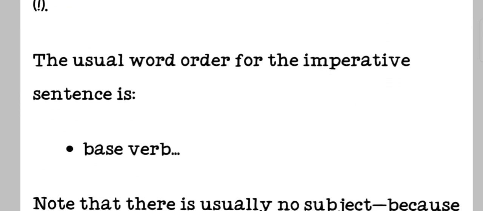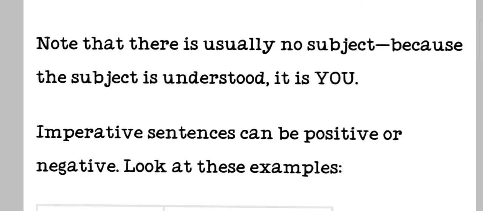The usual word order for the imperative sentence is base verb. Base verb means V1. Note that there is usually no subject because the subject is understood, it is you.